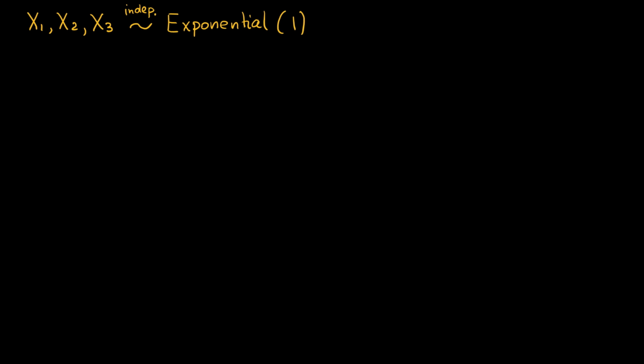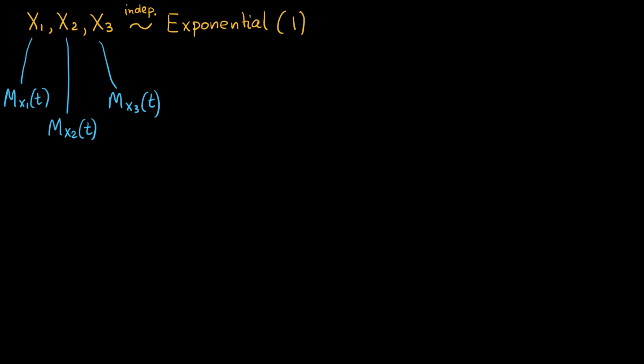Suppose that we are working with random variables x1, x2, and x3, which are independent and identically distributed as exponential 1 random variables. We have shown that in the case of the exponential 1 distribution, the moment generating function exists. So let's just note that down. And we know exactly what it equals.